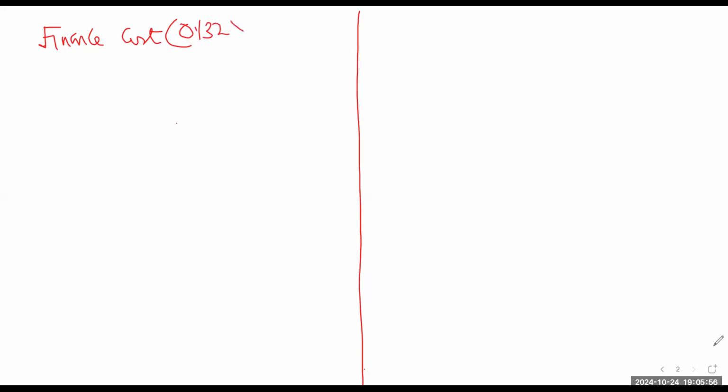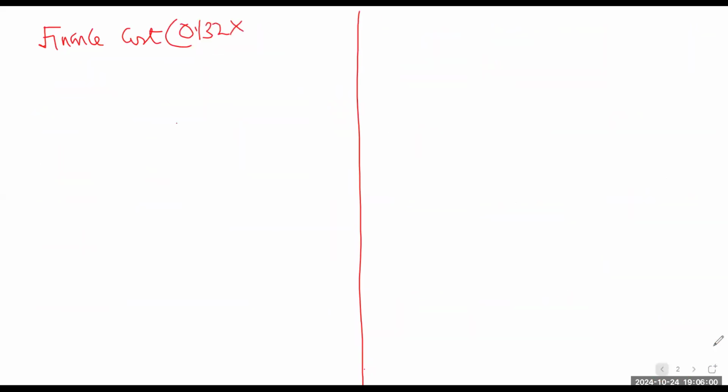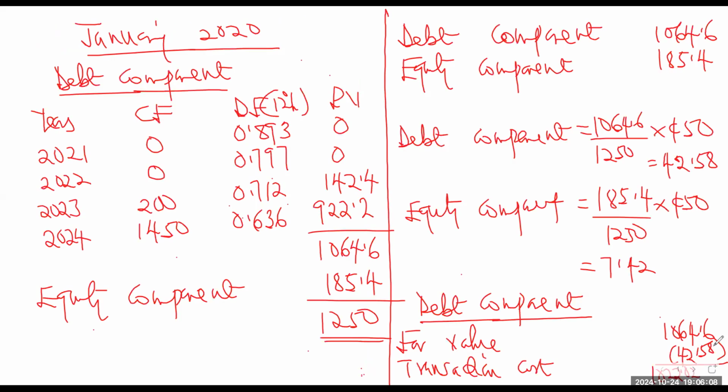We have taken our time to explain why we use the effective interest rate. So that will be 0.132 multiplied by the net amount, that is 1022.02. What are we having? 134.91.